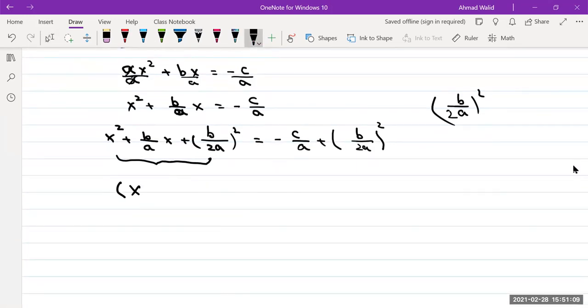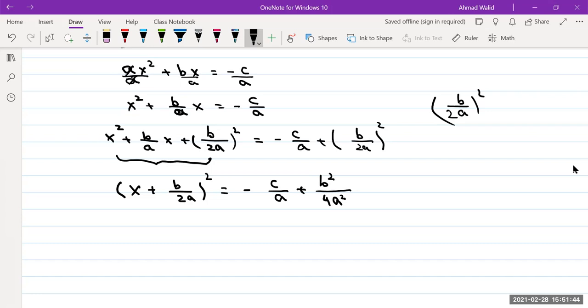Parentheses, x, sign from the second term, which is plus, b over 2a, all squared, equals, I will simplify the right side, negative c over a plus b squared over 4a squared.